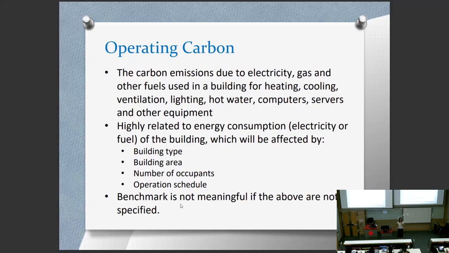But this is based on some assumptions, and you have to understand these assumptions, otherwise these data will not be meaningful, like the building type and the operation hours assumption, and so on.